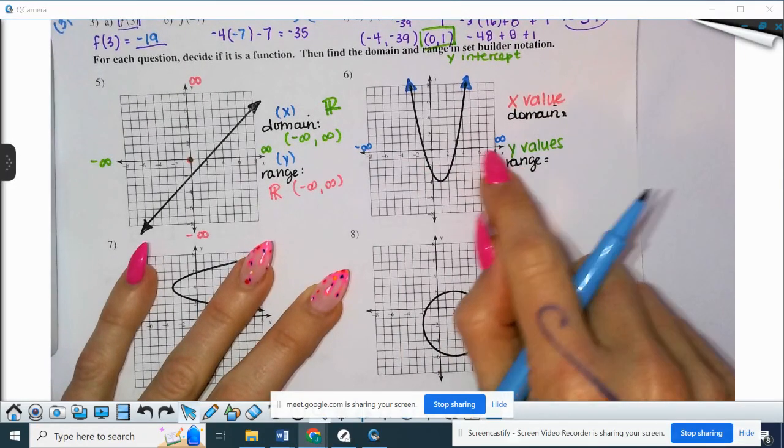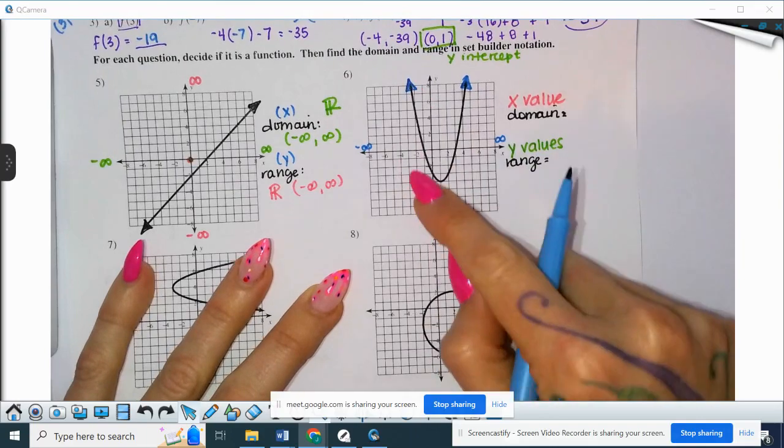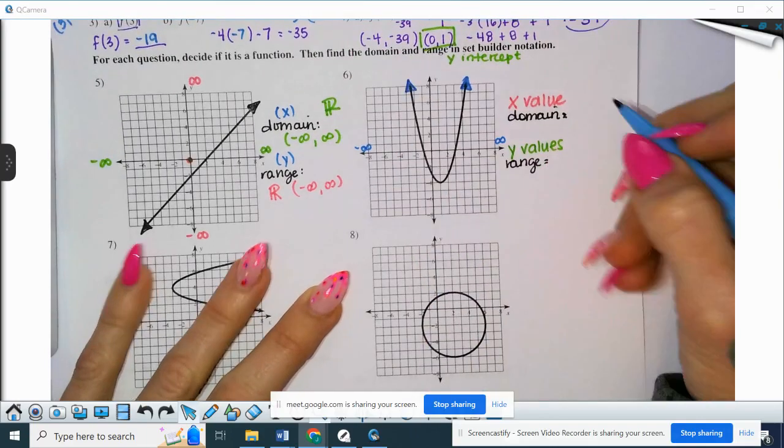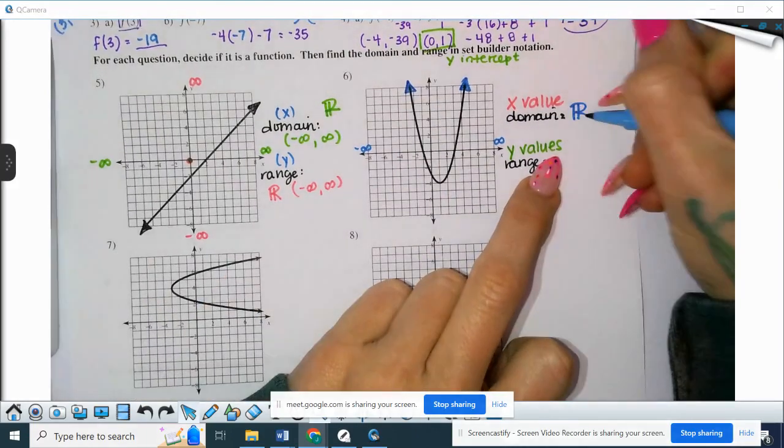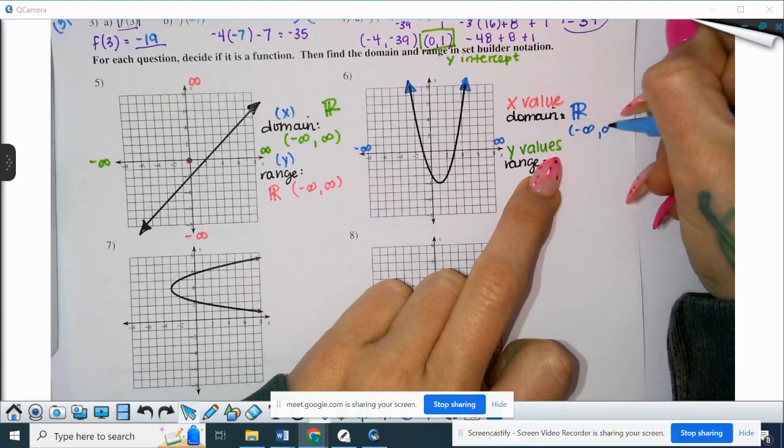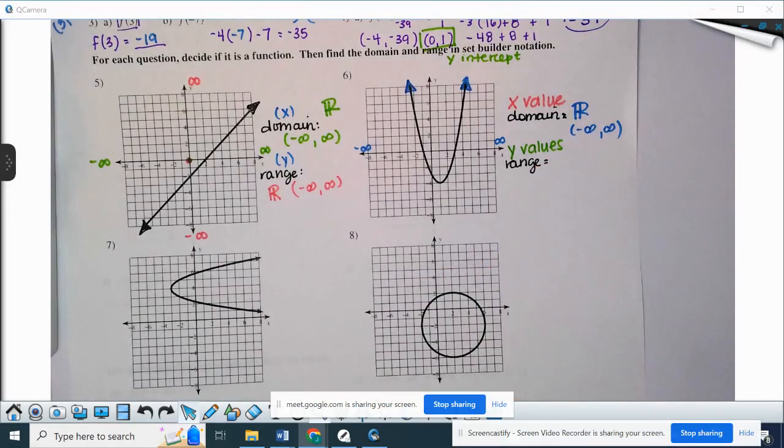And when I look to the left, there's another arrow, so it's going to keep going to the left. So our domain, again, is all real numbers, or negative infinity to positive infinity. And again, we're using parentheses because you can't grab an infinity. It keeps moving. You can't stand there. It's not a tangible thing.